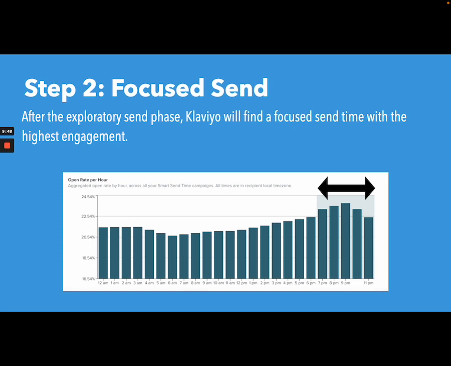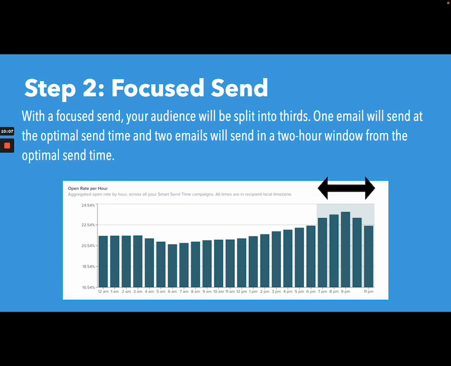In step 2, you can kind of see why it's done this. It clearly has the most opens around this sort of time, but it may not be the correct actual time at the moment because it's not too sure. So the next stage, obviously what it will do is it will split your campaign, and this would be a different campaign.